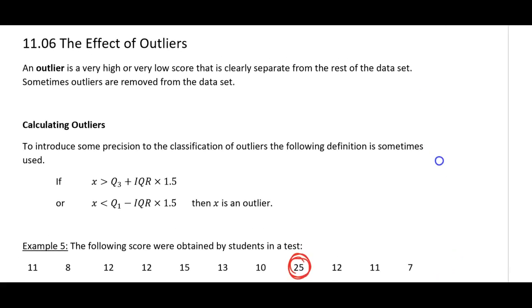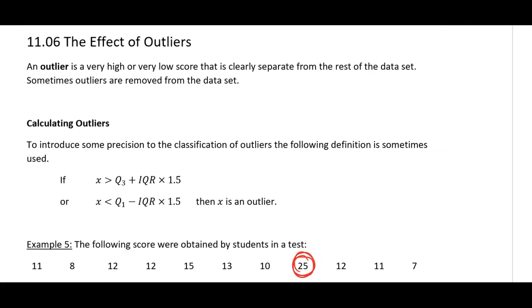We will do some work in this exercise about the effect of outliers, right? How they can have, particularly in a small data set, a disproportionate impact on some measures of central tendency in particular, and spread. So it can mess with the mean. It makes the mean look higher than a typical score, perhaps if I've got a really big outlier, or perhaps lower than a typical score if I've got a really low outlier.